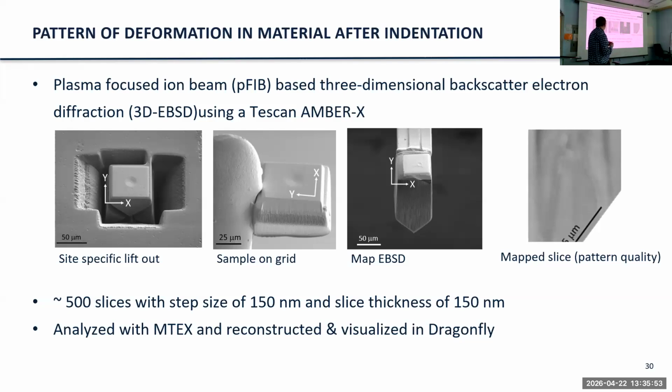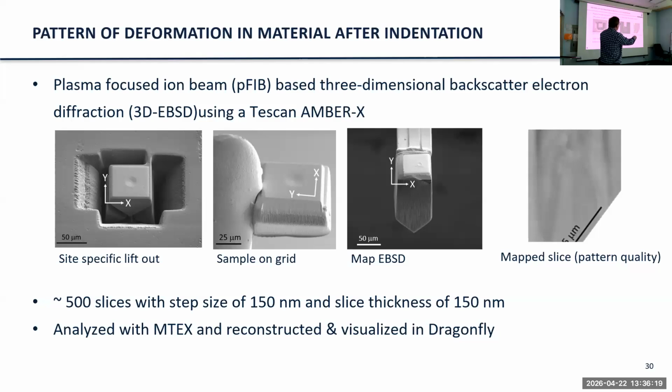And now we're going to section this material with the xenon, like a loaf of bread, and then reconstruct the 3D microstructure. And this is just one image here. You can barely see it. I'll show you some examples in a minute where it's much clearer, but you can see some from the pattern quality. This is an EBSD measurement.